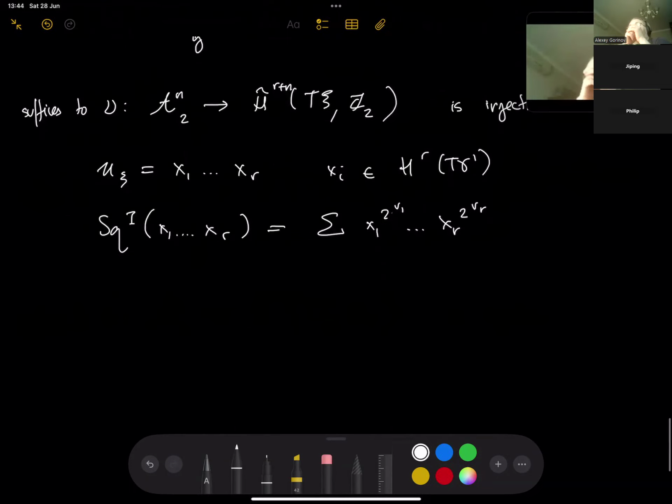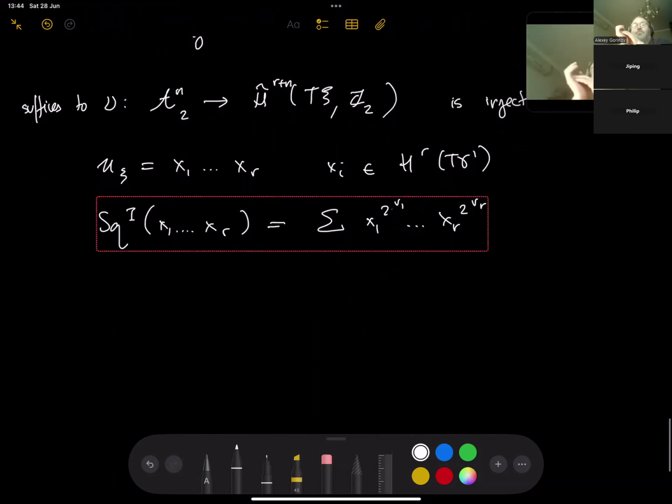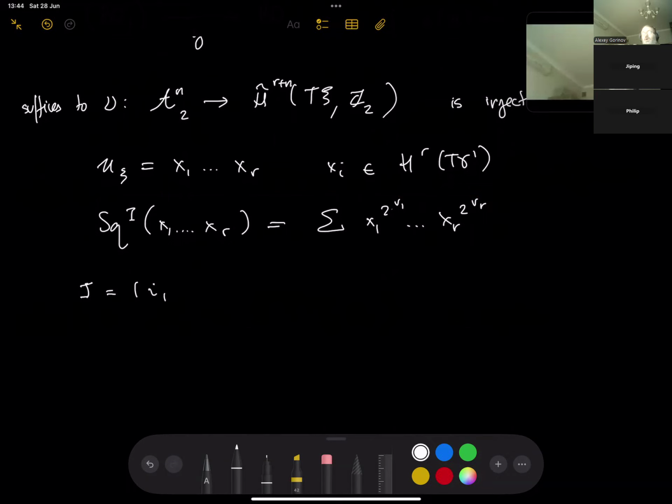I'll explain the terms. Here we take I to be some index I1 through Ir such that I alpha is greater than 2 I alpha plus 1. So this is the basis in the Steenrod algebra.